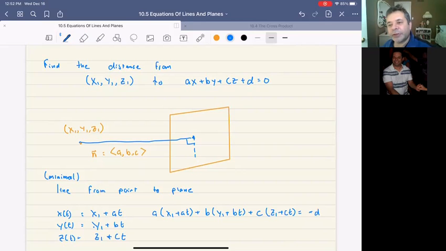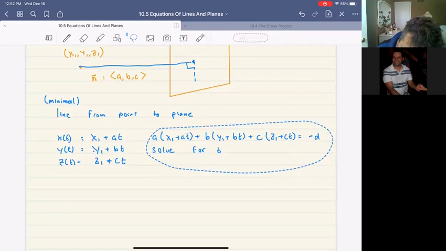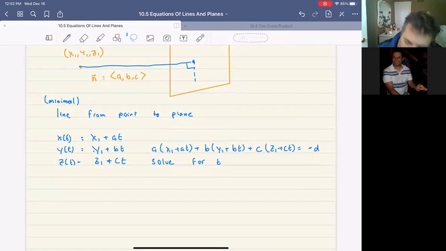Okay, now we're going to solve for t. So this is, of course, when does the line intersect the plane?